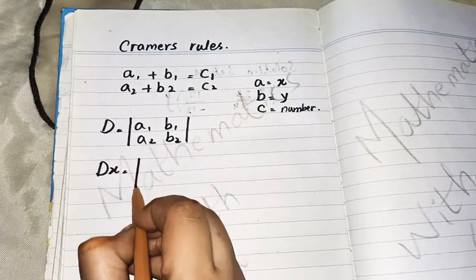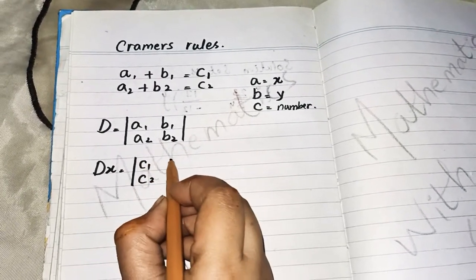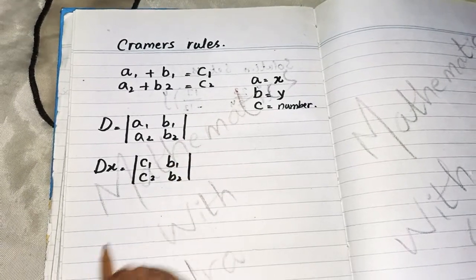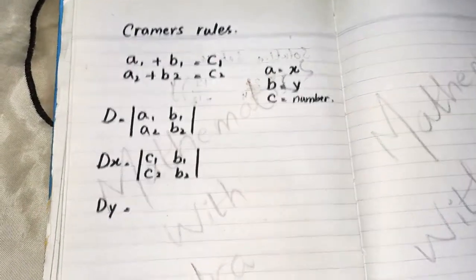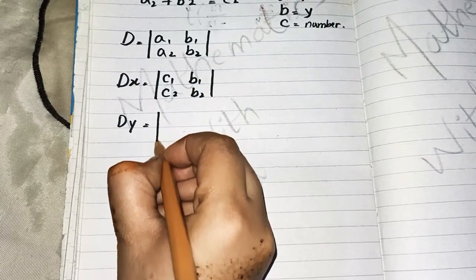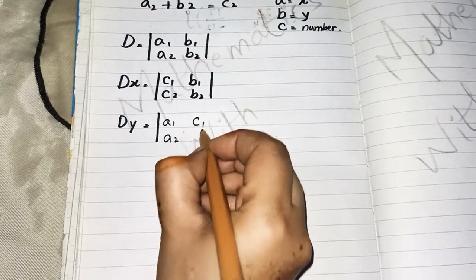To find out dx, we write the formula C1, C2 and B1, B2. Step 3, dy. To find out dy, we write the formula A1, A2, C1 and C2.